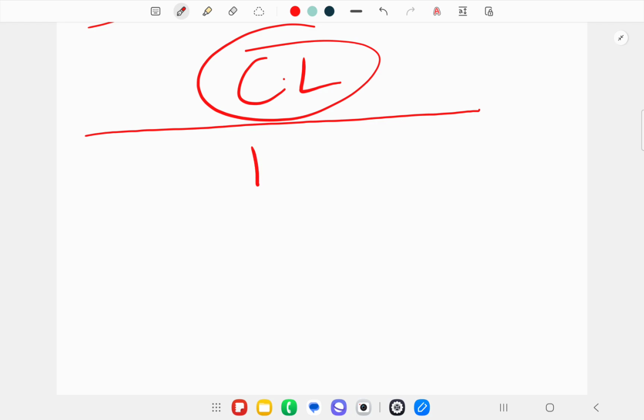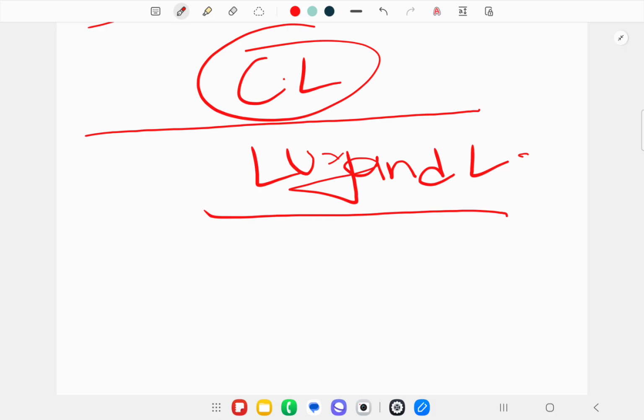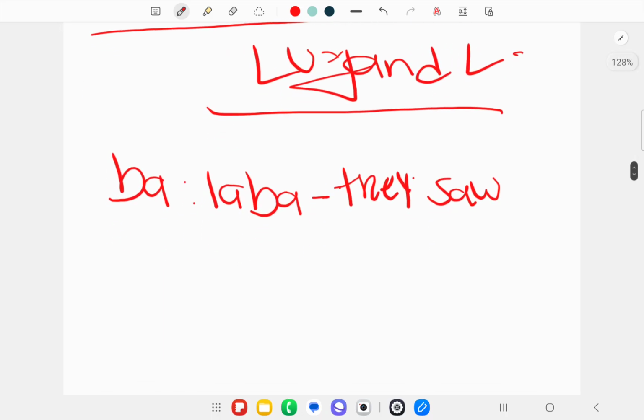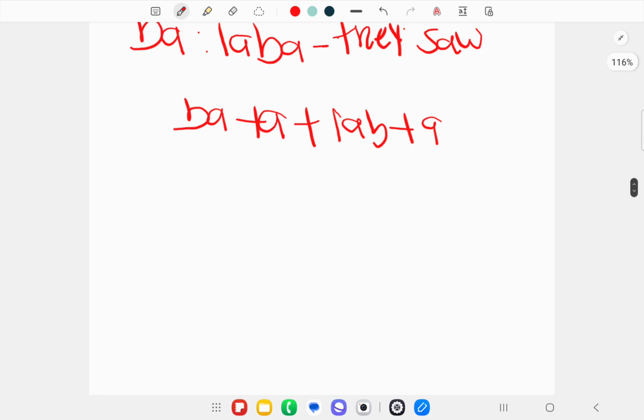If we take data from the Luganda language, for example, balaba. When I make a distinction between the segments, this will be BA plus A plus LAB plus A, while the right form is bakulaba.